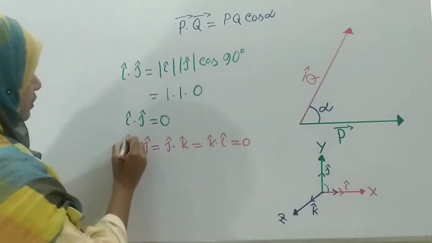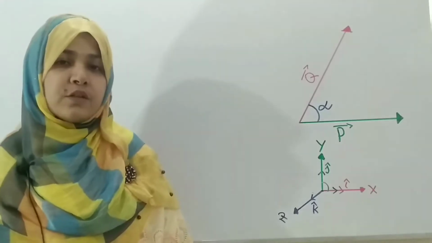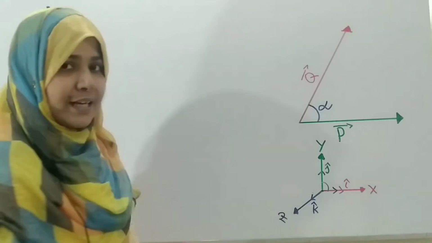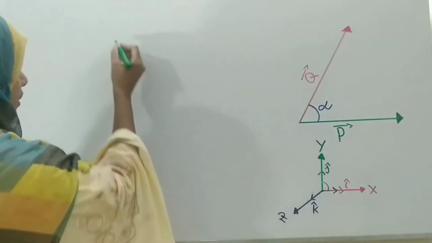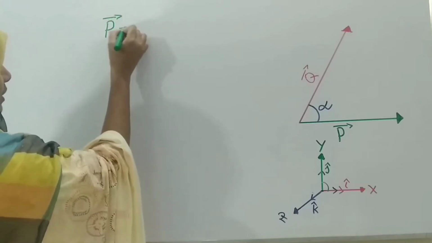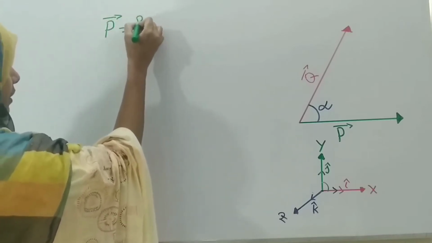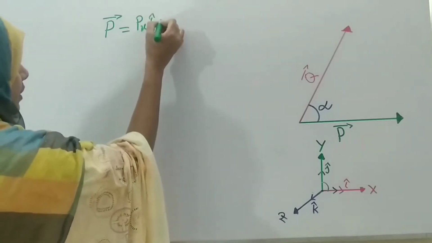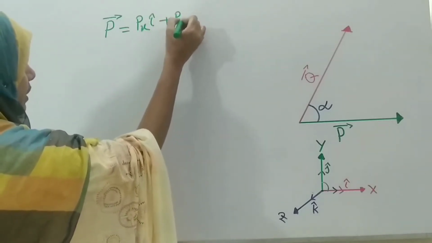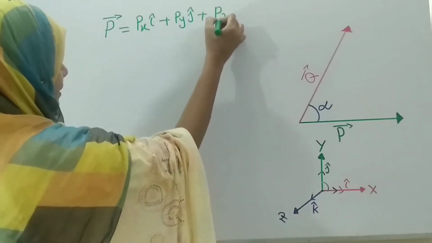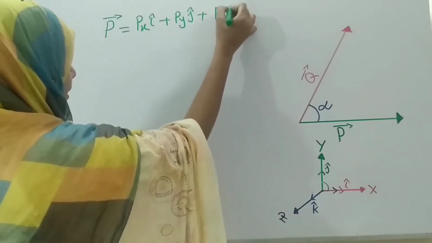Dot product of vector quantities by component. You know that we can write that P vector in three-dimensional way is Px i plus Py j plus Pz k.